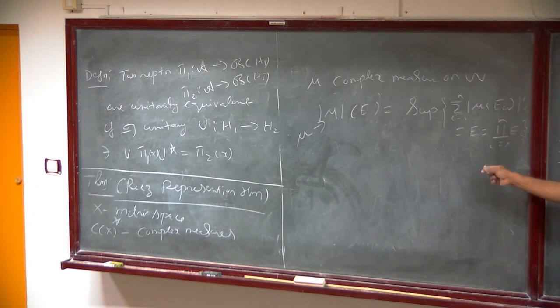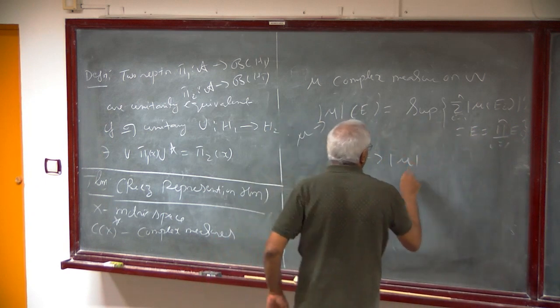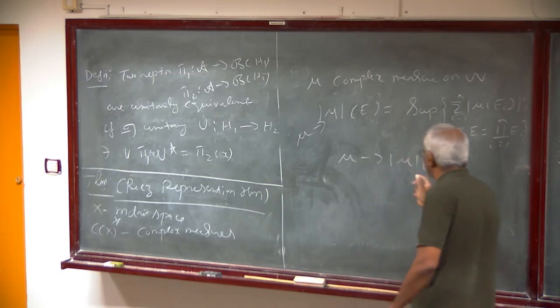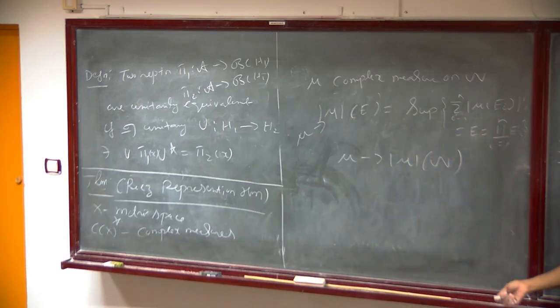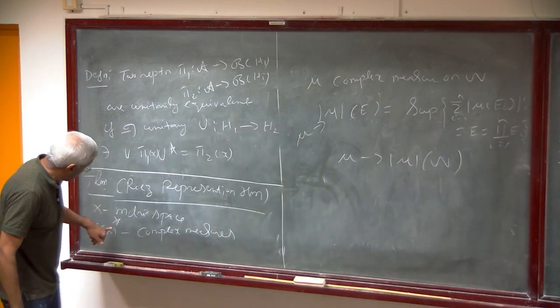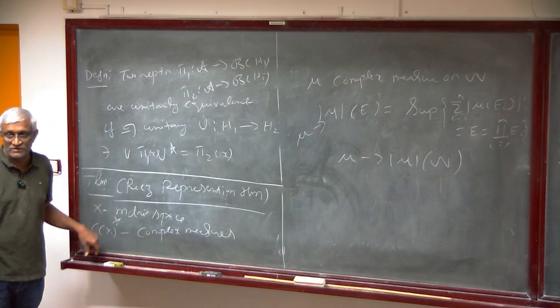So the complex measures form a vector space, and the norm will be mod mu, which is a number, mu going to mod mu. This is the mod of the total variation measure of the whole set. That will be a norm. So the Riesz representation theorem says that C of X star is just the complex measures, in the following association.